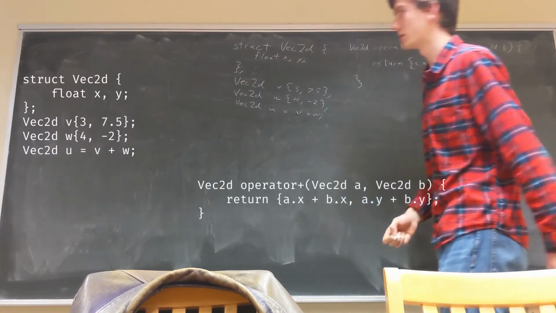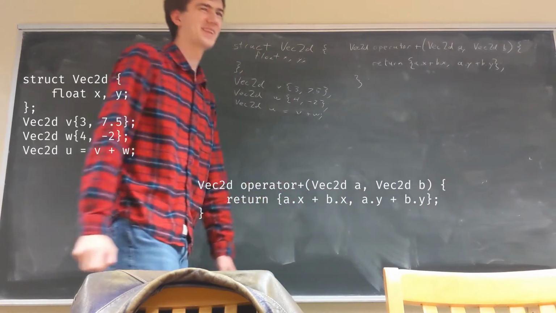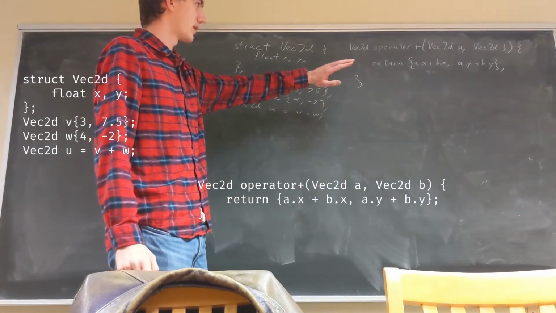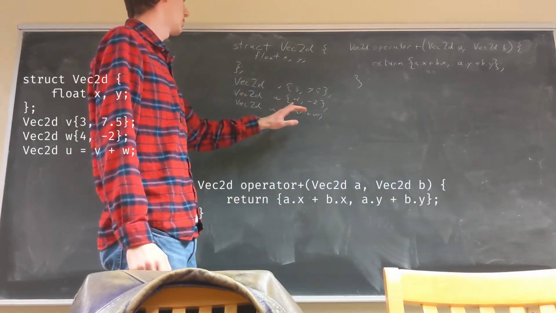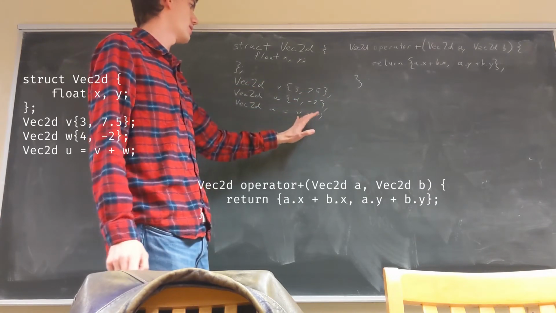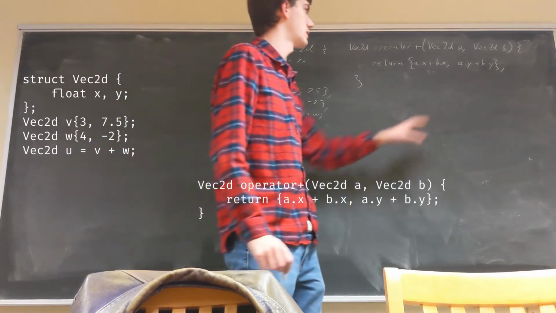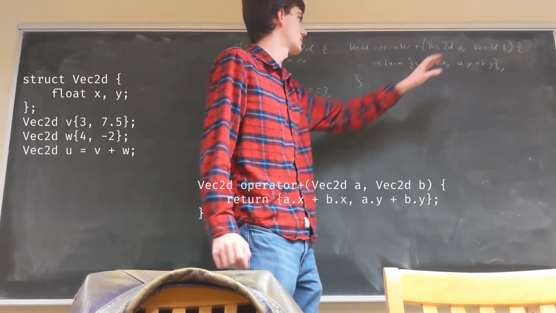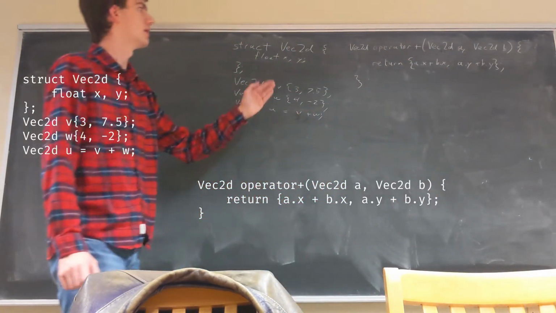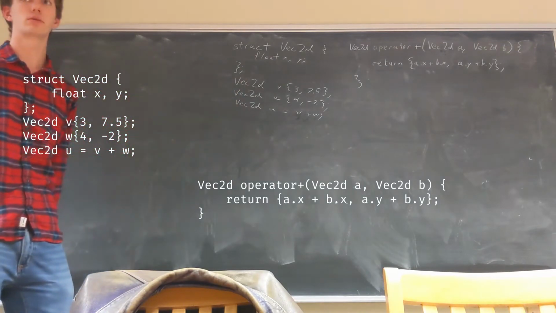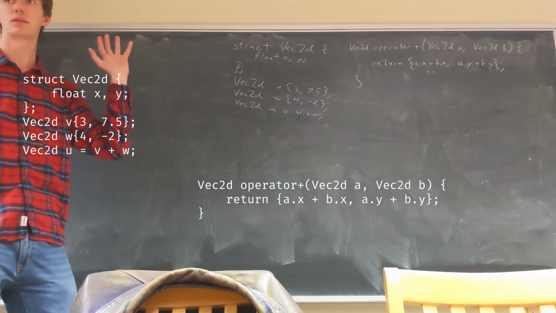No weird vector space here. And that tells the compiler how adding anything where the left side can be implicitly converted to a vector and the right side can be implicitly converted to a vector, the result will be a vector. This is how you construct it. Does that make sense?